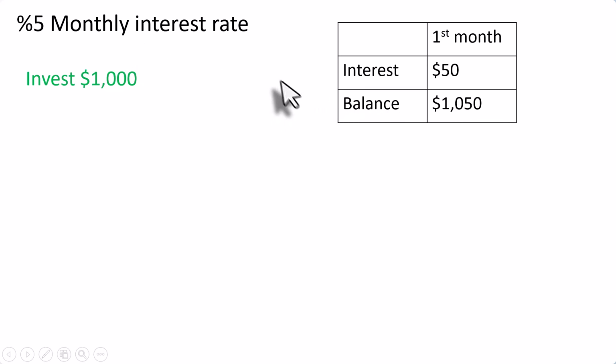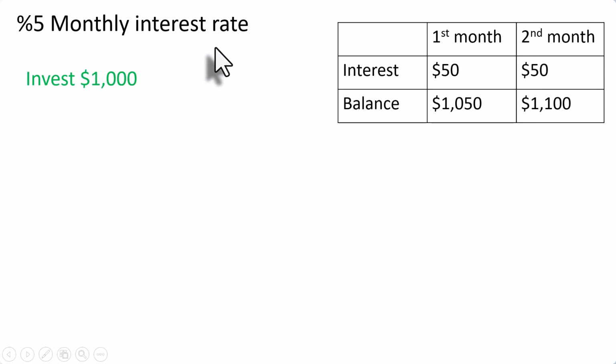If the 5% interest rate is only applied to the initial $1,000, then obviously at the end of the second month, I'm going to have another $50 interest, and my balance is going to be $50 plus my balance at the previous month, which is going to be $1,100.